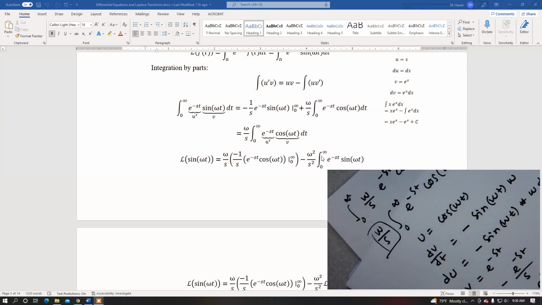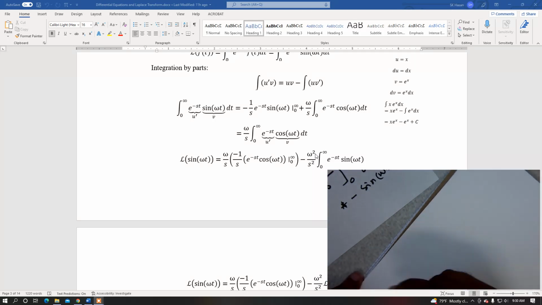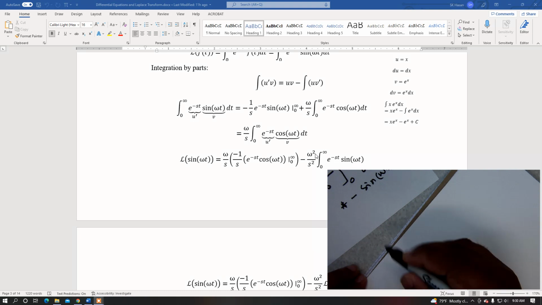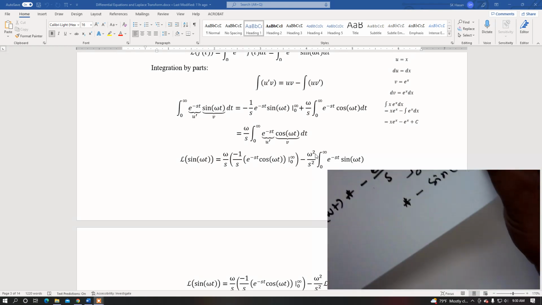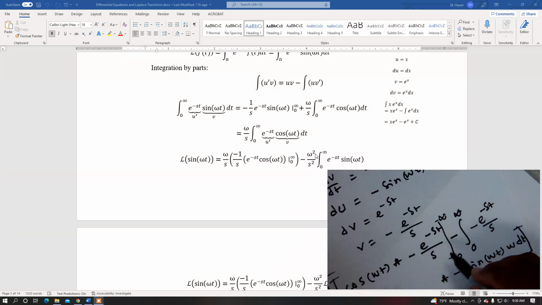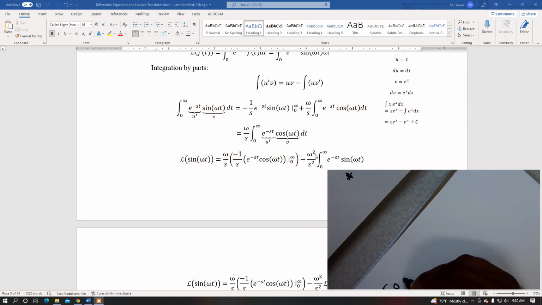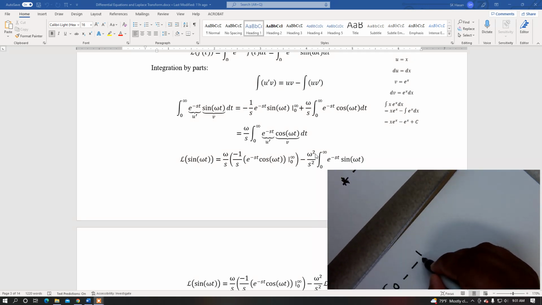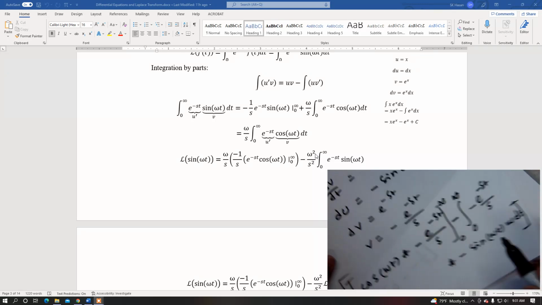So now I'm substituting the limits. e to the power minus infinity is 0, so the first term will be 0. Then if I substitute 0, cos 0 is 1 and e to the power minus 0 is 1, so basically minus 1 over s. Okay, so this part is done.